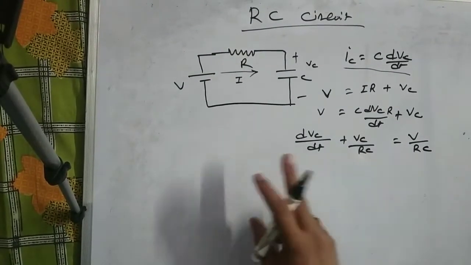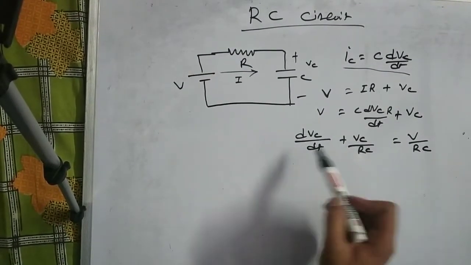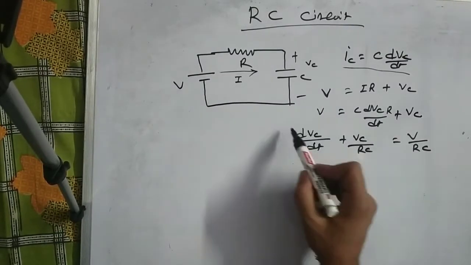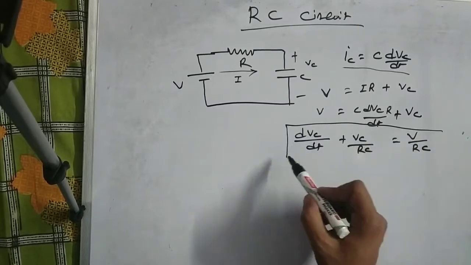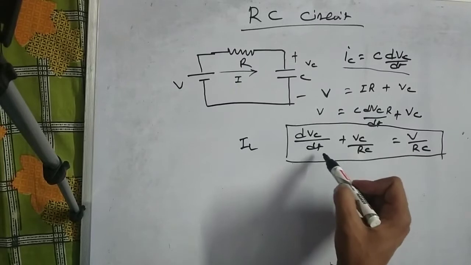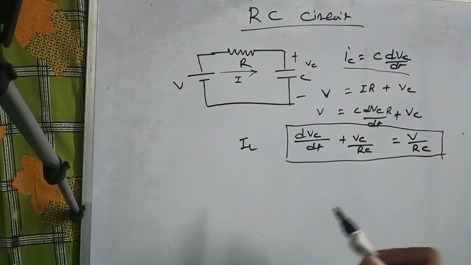Previously we derived the differential equation, and we have the same here. Previously we were finding the inductor current IL; here we will find the capacitor voltage Vc.